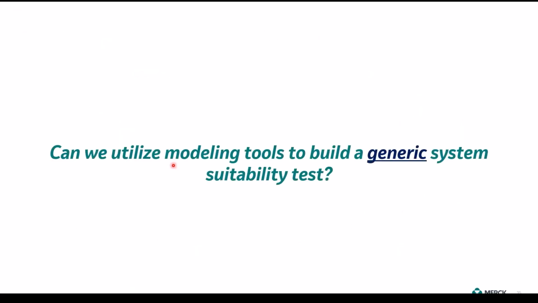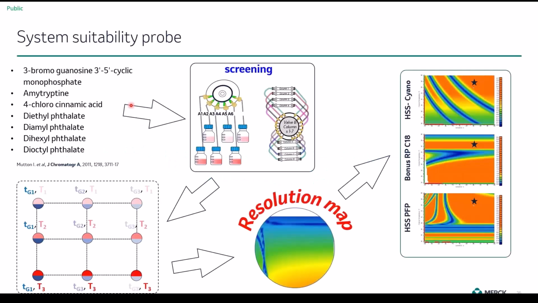Therefore, can we use modeling tools to build a generic system suitability test in order to track column performance? What we decided to do was to select a choice of analytes in order to represent compounds eluting at different stages of our gradient.